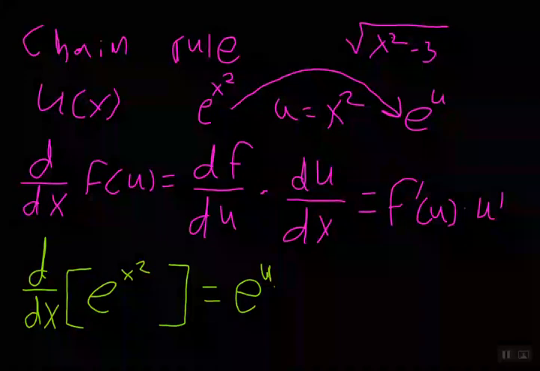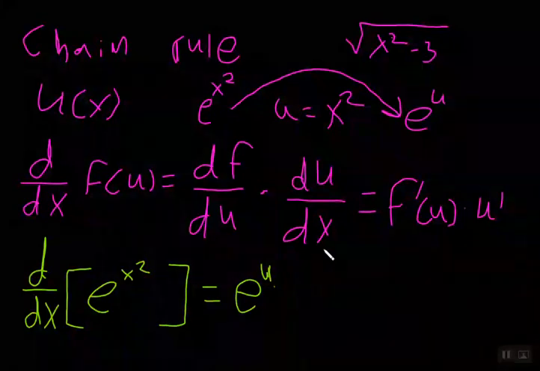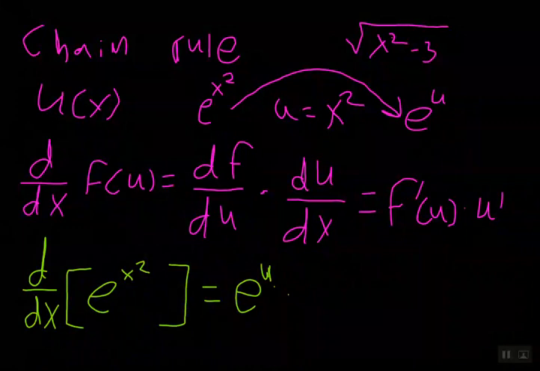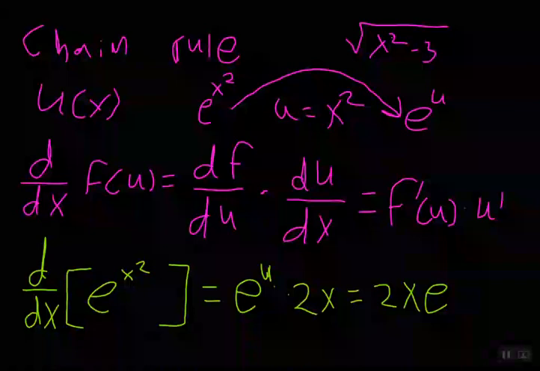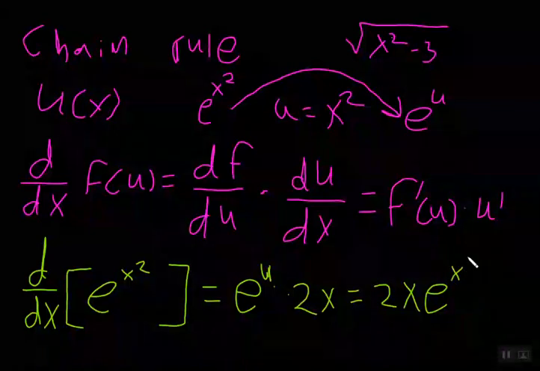And then times the derivative of u with respect to x. Well, u is x squared, so the derivative by the power rule is 2x. So the derivative with respect to x of e to the x squared is 2x e to the u, but u is x squared, so 2x e to the x squared.